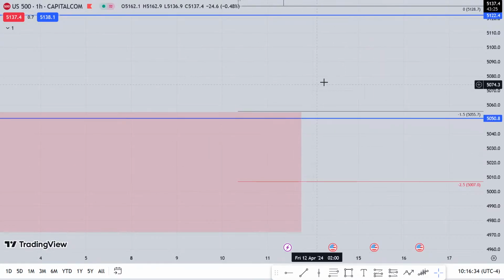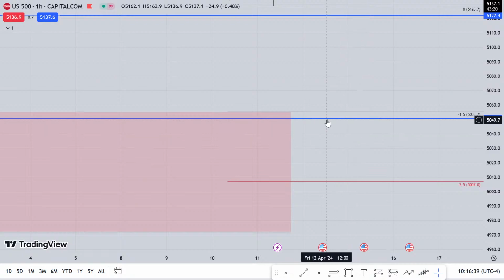Our targets for our fib correspond with this liquidity from this sell side, which is 550.8.